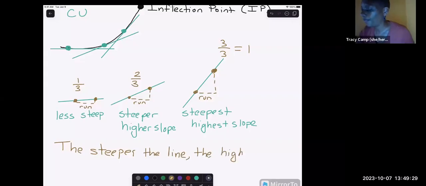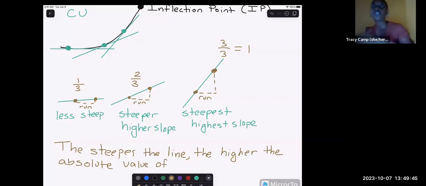So I want you to notice that the tangent lines on the concave up part of the graph, we're going to go back to the graph, they're getting steeper, which means their slopes are getting bigger.